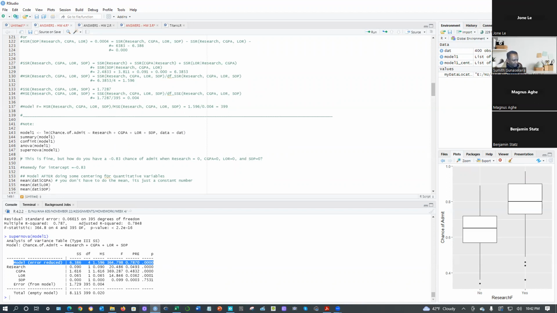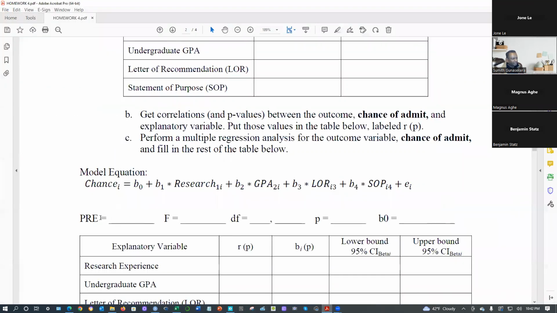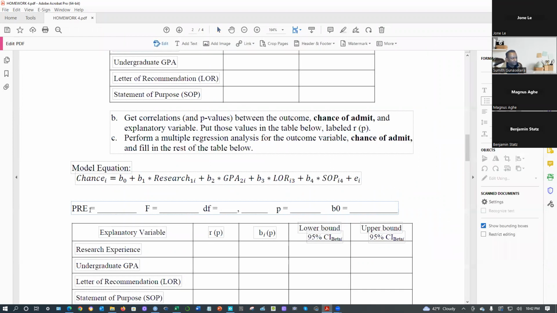So I'm going to do some kind of adjustment over here. Really, I have to mention F for model, to make it clear, otherwise it's not clear.